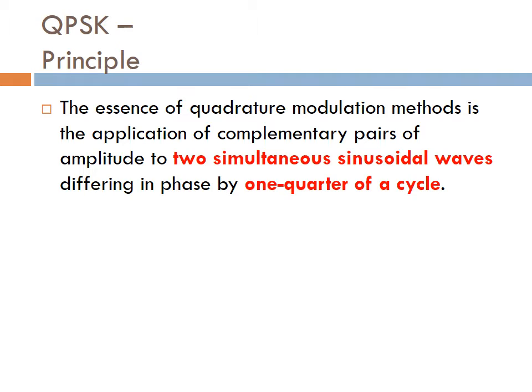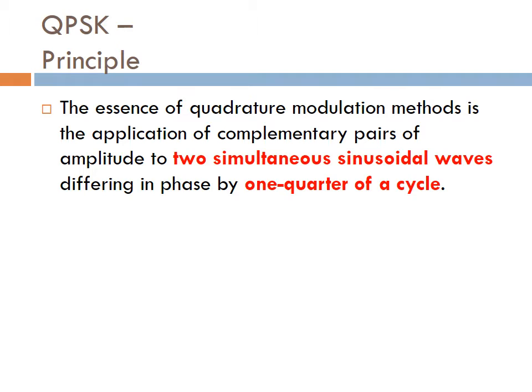So let us think for a moment just about sinusoidal waves that are 1/4 of a cycle apart. Sinusoidal waves with a phase difference of a quarter or 3/4 of a cycle are said to be in quadrature phase relationship.